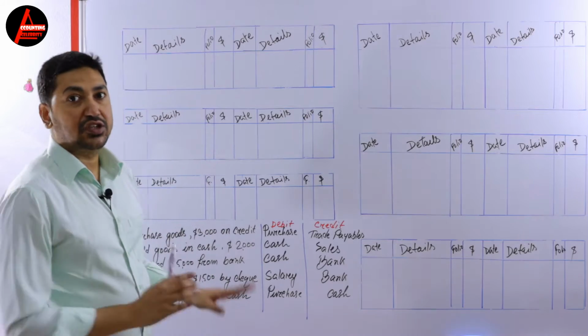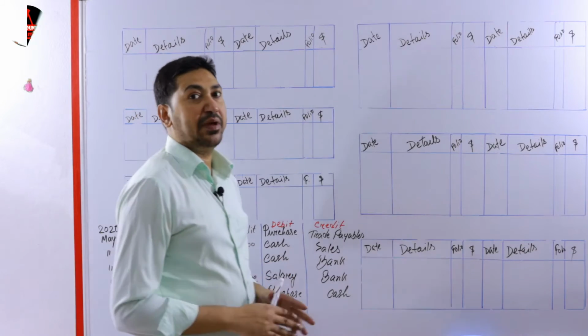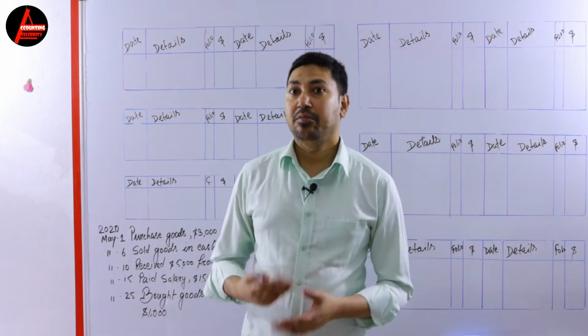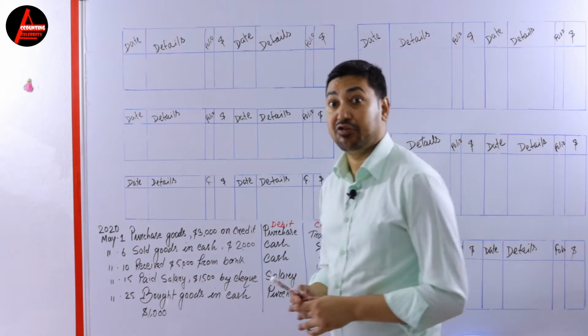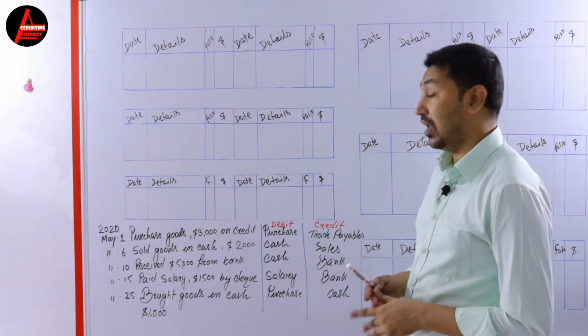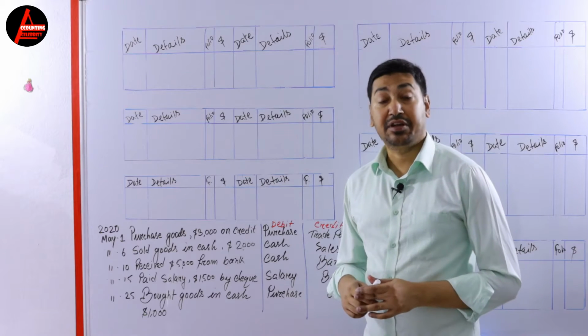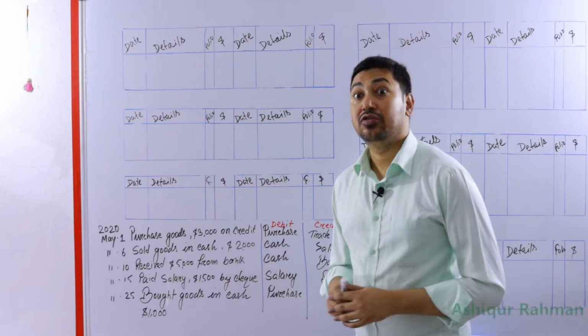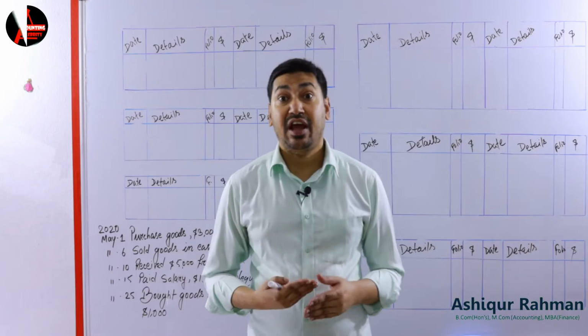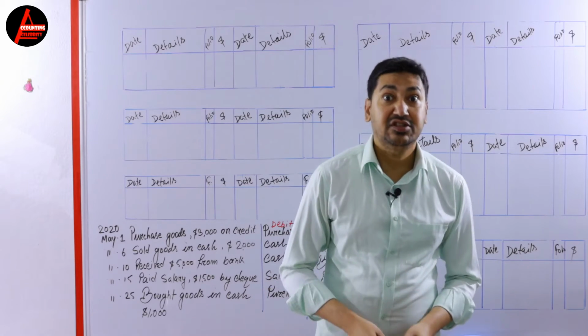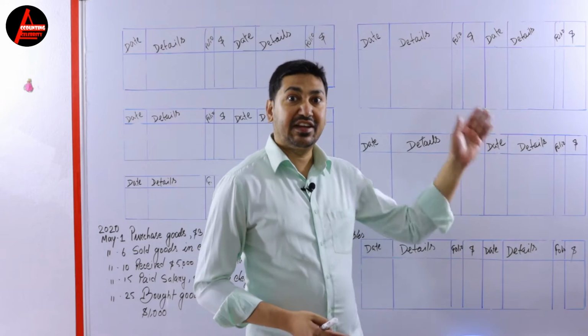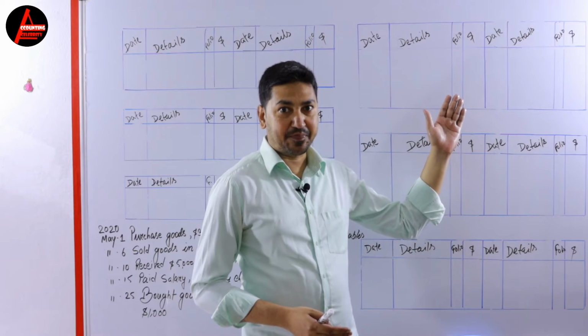Okay, so these are the transactions that will be given in the question paper, and from those transactions, first of all, you need to prepare a double entry. You already know how to prepare a double entry. If you do not know how to prepare a double entry, and how to understand whether an account will be debited or credited, I have a video, the link is here, you can watch it.